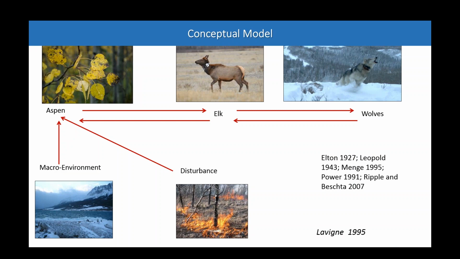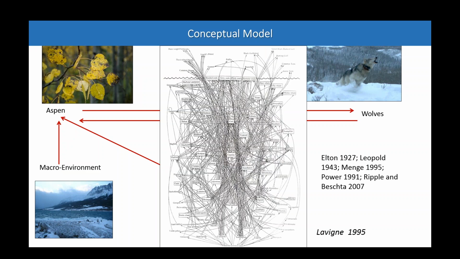That then causes energy to cycle through the whole system. The bottom-up perspective is that the macro environment, so resources such as precipitation, soil nutrients, and disturbance, will benefit aspen, that benefits elk, and that in turn benefits wolves, creating more resources. And I used radio-collared animals to study these effects.